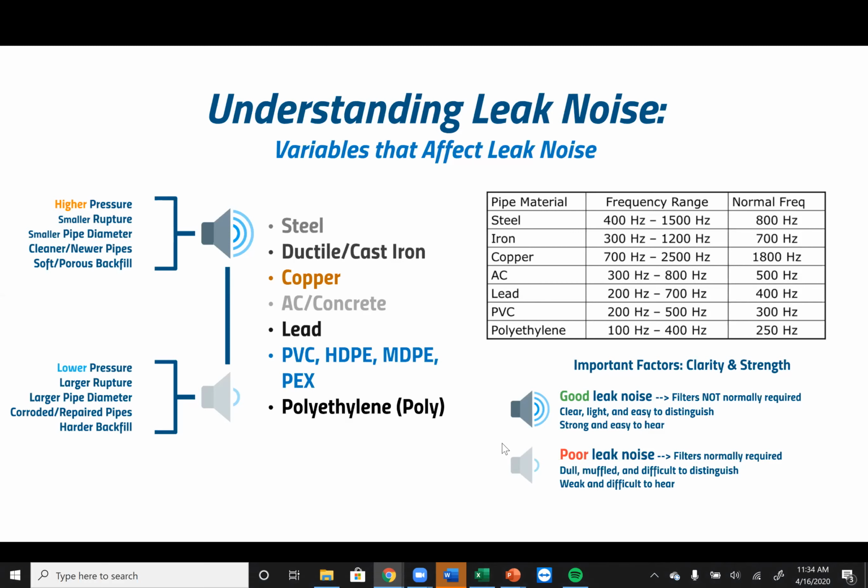The hertz ranges that the sound is generating is going to be captured by the logger, just like your ears can physically hear the various pitches, the low thud of plastic, the high ting of ductile iron. The loggers can hear that range also.